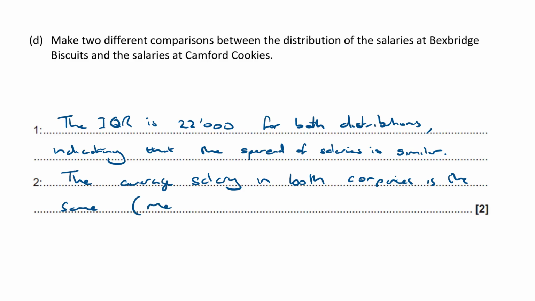Median equals 37,000. Okay, so the interquartile range is 22,000 for both distributions, indicating that the spread of salaries is similar, and the average salary for both companies is the same. Median is 37,000.